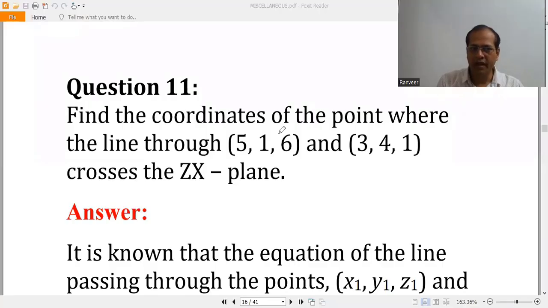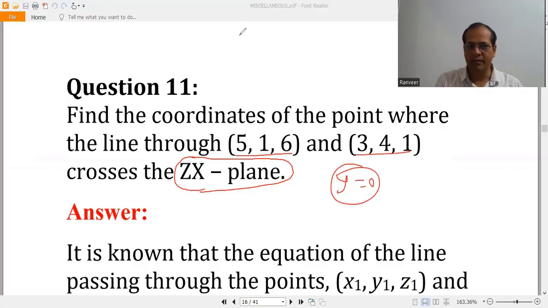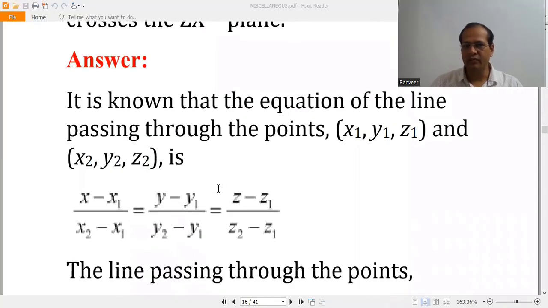Question number 10. Find the coordinate of the point where the line through the point (5, 1, 6) and (3, 4, 1) crosses the ZX plane. So this time, y equal to 0 we will take. The equation of the line passing through the point x1, y1, z1 is the required equation of the line.